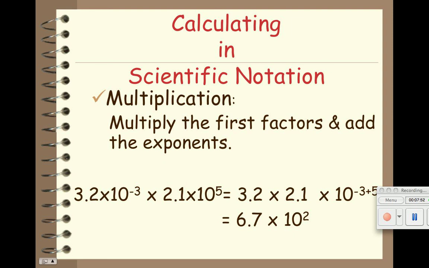I'm going to multiply 3.2 and 2.1, and I'm going to get 6.7 when I do that. Now notice, two significant figures times two significant figures, so my answer is in two significant figures. And then I just add these exponents. Negative 3 plus 5 gives me an exponent of 2.